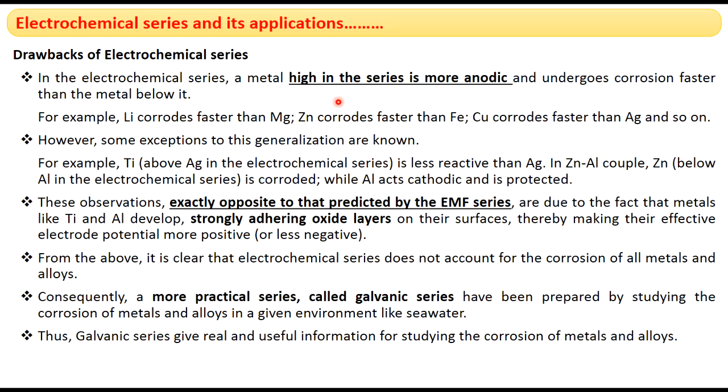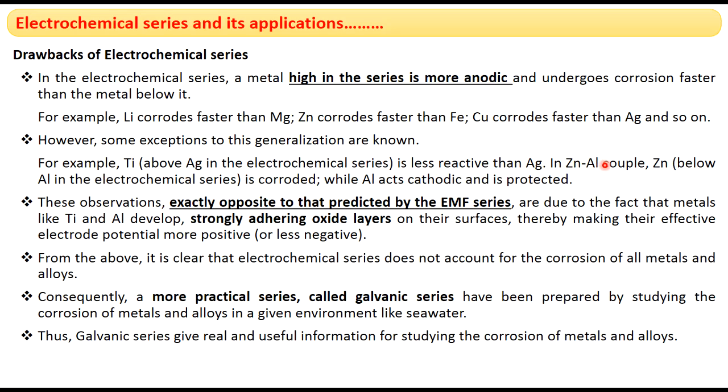This is the general trend of the electrochemical series, but there are some exceptions like titanium. Titanium is above silver in the electrochemical series. According to the series, titanium should act as anode and silver as cathode. But opposite to that, titanium acts as cathode and silver acts as anode.